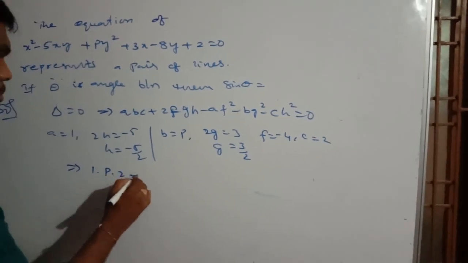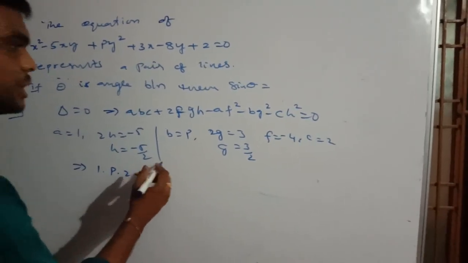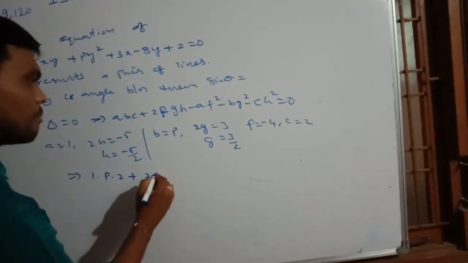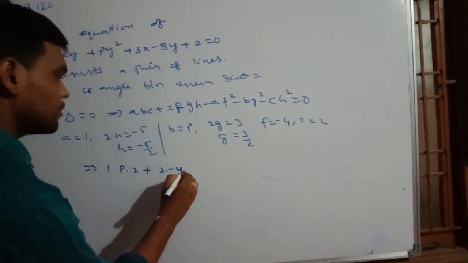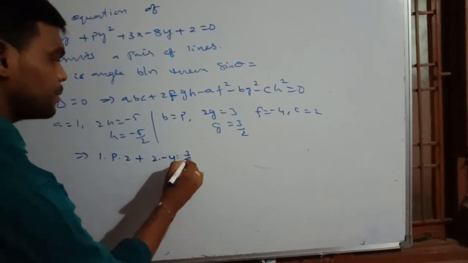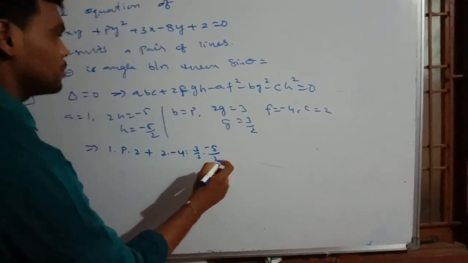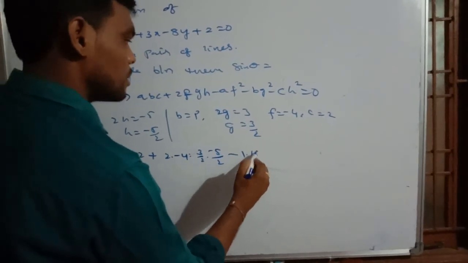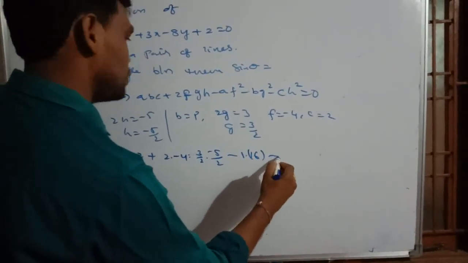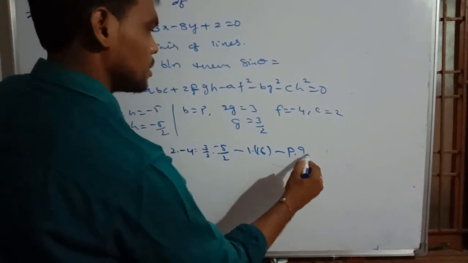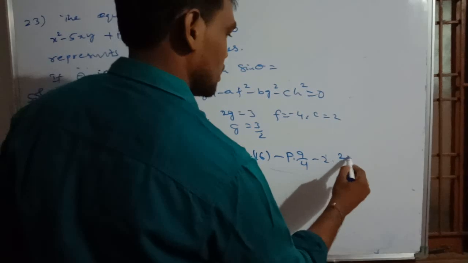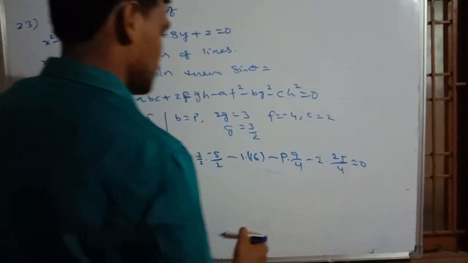Here abc plus 2fgh, that means 2 into f minus 4 into 3 by 2 into minus 5 by 2, minus af square, minus bg square, minus ch square is equal to 0.